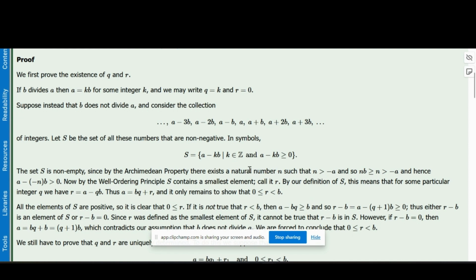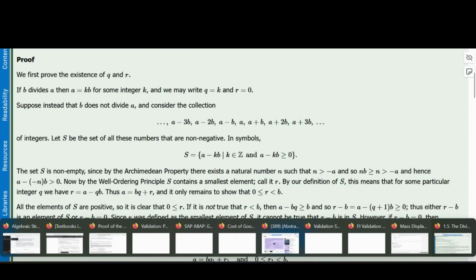I don't want to confuse you. It simply says that there exists a natural number n such that n times b is greater than or equal to n. This is self-explanatory, and this we need to know. So do not confuse it with the proof.